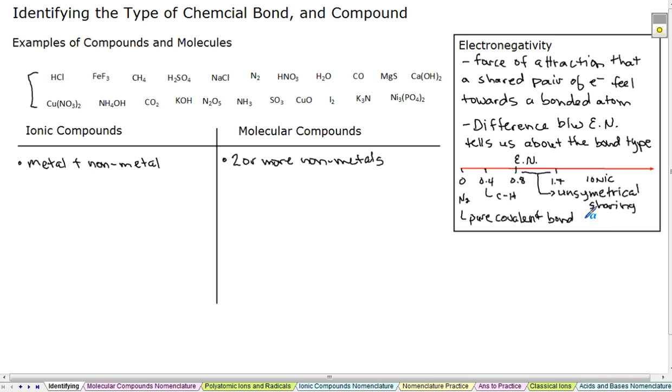Because of that, we would call this polar covalent. And so that's a polar covalent bond. This starts to help us understand what we're dealing with, and it makes it a lot easier for someone to start to move a lot of these compounds into their correct places. So, you know, the obvious ones are when we have metals and nonmetals.